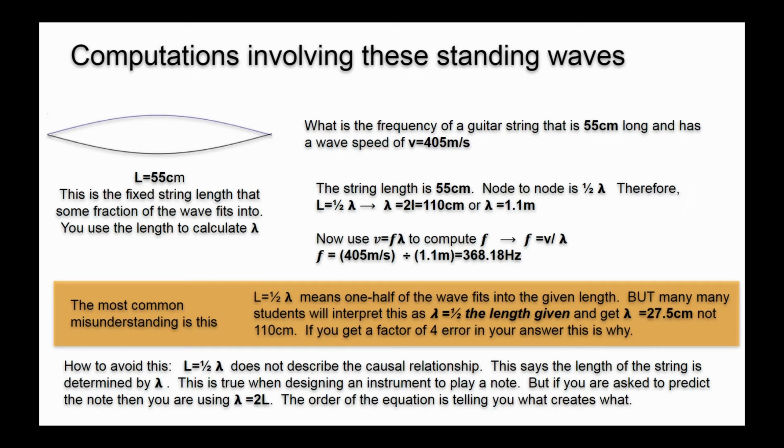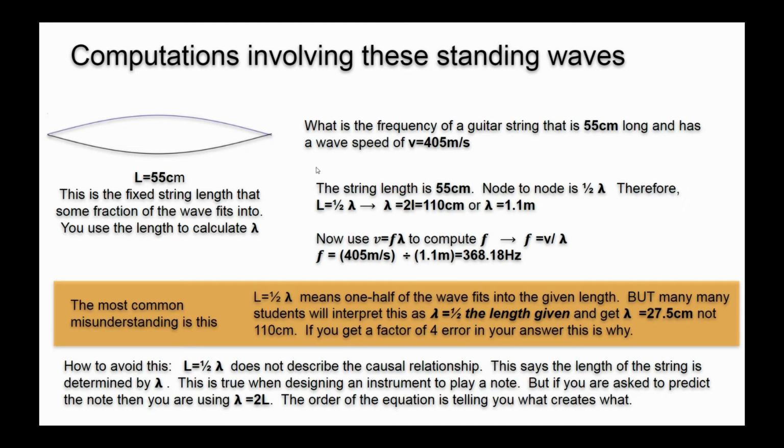But for some reason, just this formula, 30 years of it, students will go, oh, if my length is 55 centimeters and that's 1/2 lambda, then lambda's 27.5. I don't know why this happens. Everyone does it. So just be careful of that.